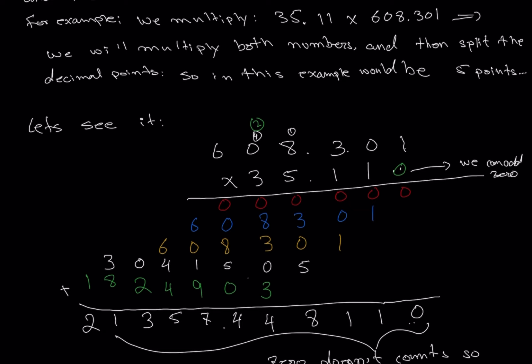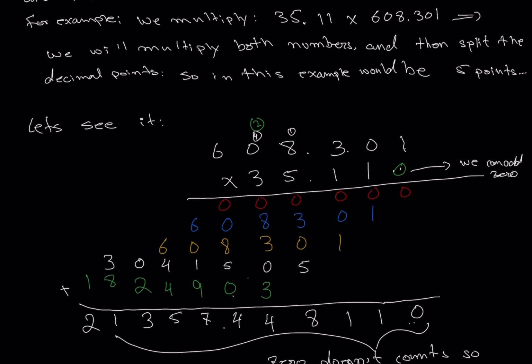The reason we write down the multiplicand below is just to see what we multiplied and where we are right now. For example, 3 multiplied by 1 is 3. We write it down right here. So that will be our first number.